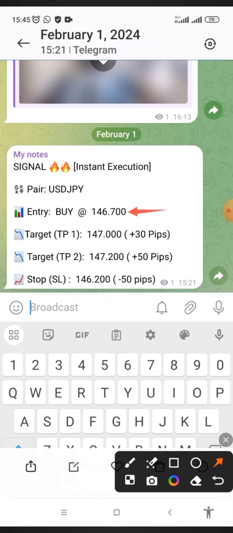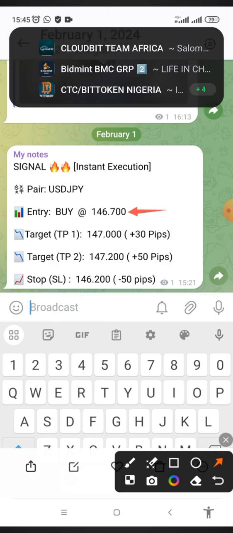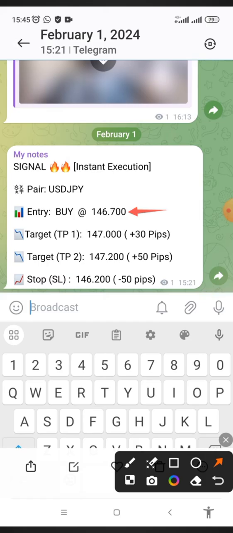But if the price has gone above this price, then it means it is no more a possible trade you should take. Do you get it? That is if it is a buy. If the signal is a buy, take note of it, it's very important. If the signal is a buy and price hasn't gotten to the entry price here, then it is your advantage to go in and buy.